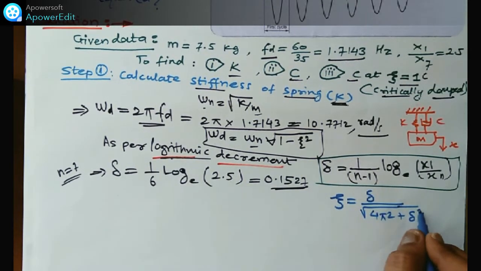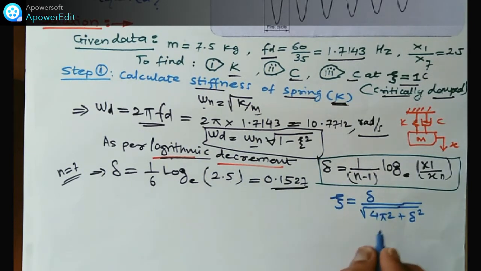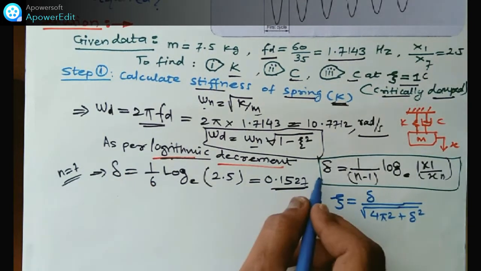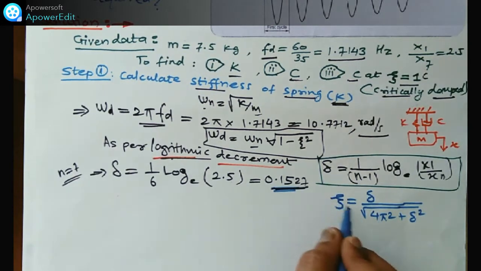This is your equation. We just found the decrement value, and putting this value in this equation gives the next formula to get the value of zeta.